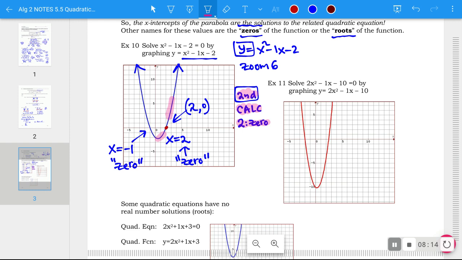All right, so let's talk you through the next problem here. What you're going to do is go to your y equals key, type in the new function.